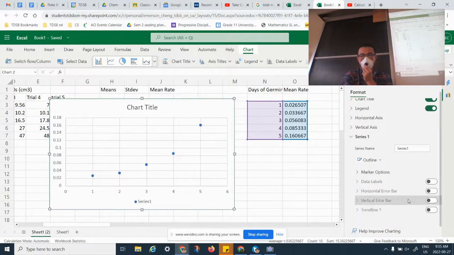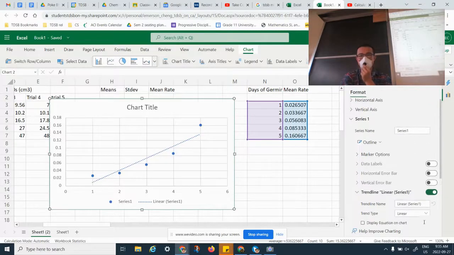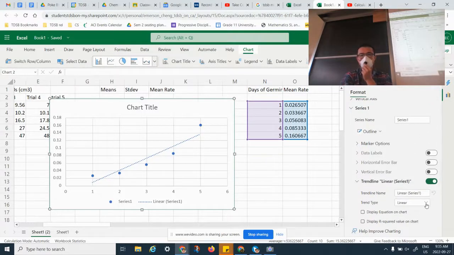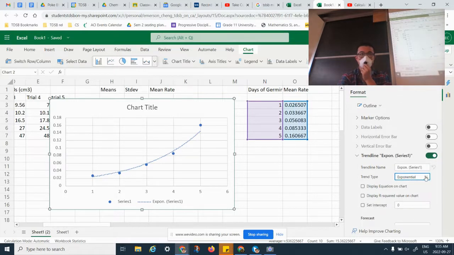But when you do a trend line, they have different kinds of trend line. You can pick either linear, which is a straight line, or you can choose exponential, and they will do it for you. You will have to visually look at it and see which one fits your data the best.